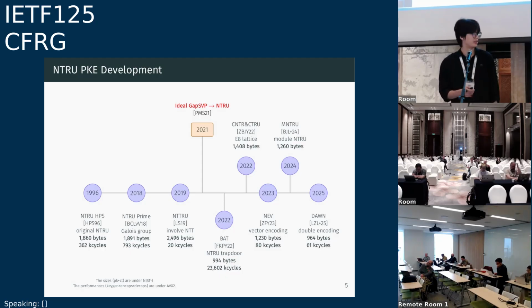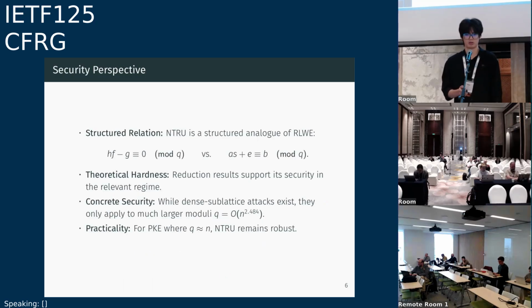All the data shown in this slide is under the first security level, and the performance is under AVX2. This family has a long story of about 30 years of evolution, and it still explores better trade-offs between compactness and efficiency while remaining secure.